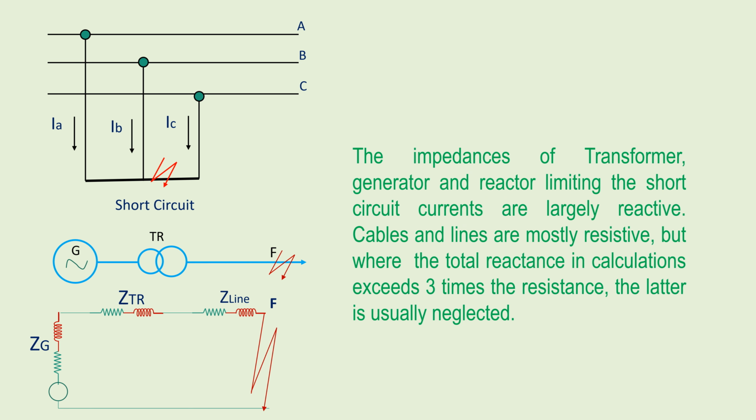The impedances of transformer, generator and reactor limiting the short circuit currents are largely reactive. Cables and lines are mostly resistive, but where the total reactance in calculation exceeds 3 times the resistance, the latter is usually neglected.